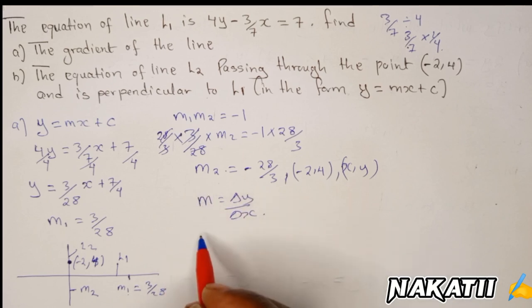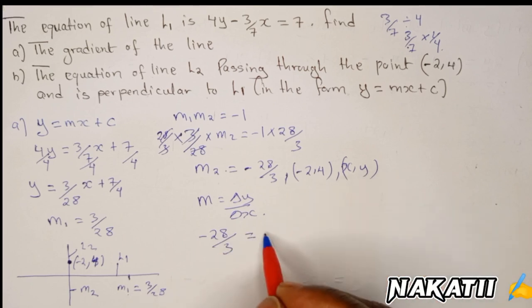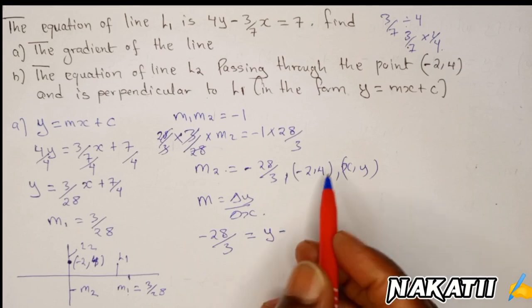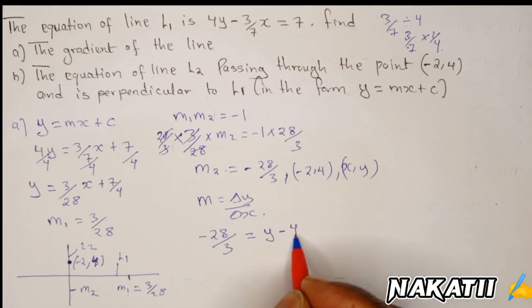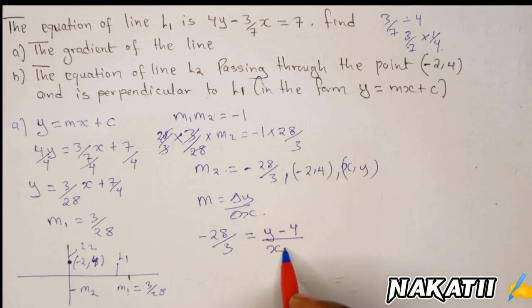So our gradient, negative 28 over 3, is equal to y minus the y coordinate here, which is 4, divided by x minus the x coordinate here, which is minus 2. So negative 28 over 3 is equal to y minus 4 divided by x plus 2.